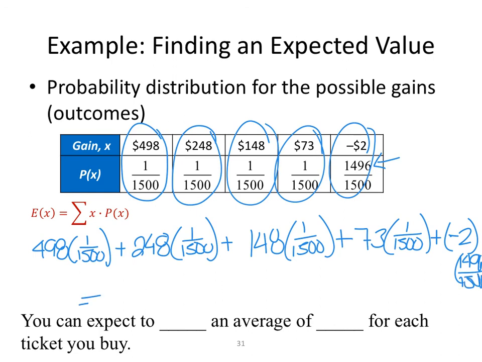And then when you do the sum of all of those, you get negative $1.35. So what does this mean? It means you can expect to lose an average of $1.35 for each ticket you buy.